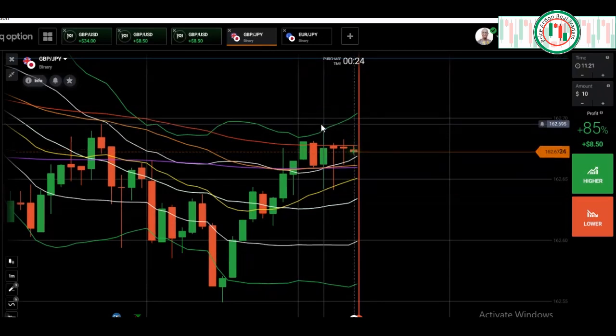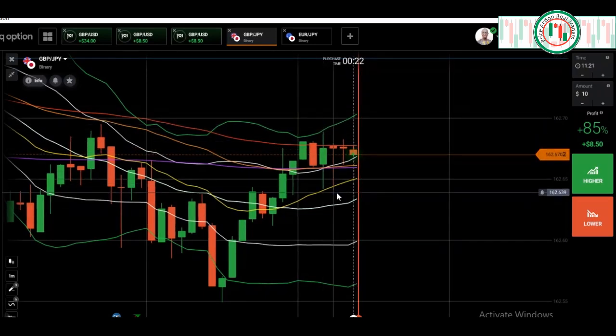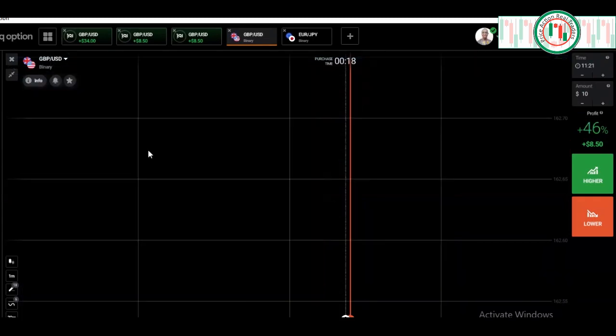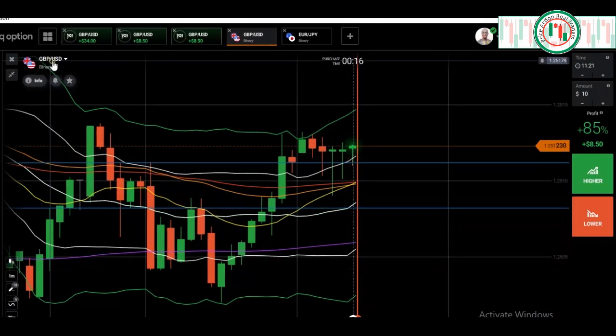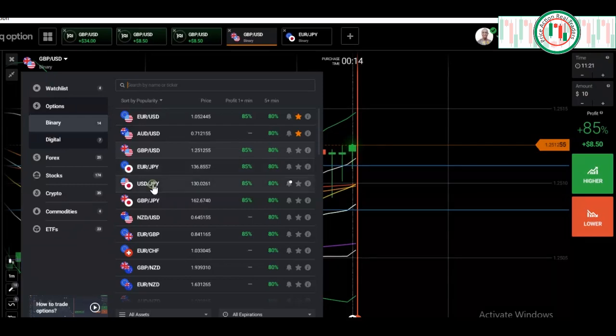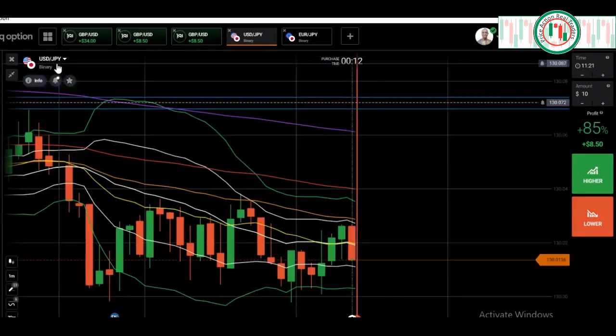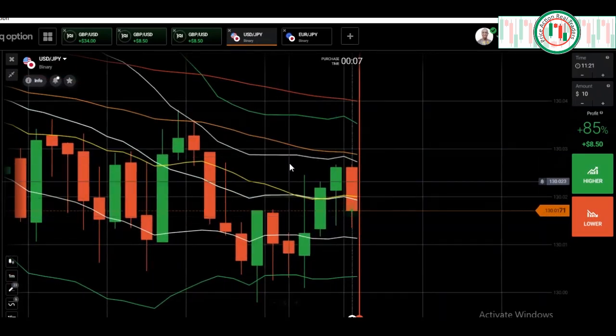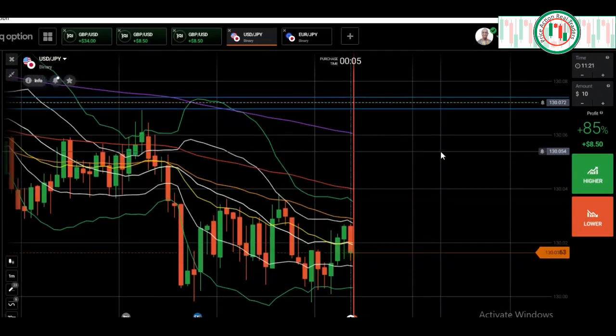You see it's engulfing. Market is bad. So let me wait for the next candle here.